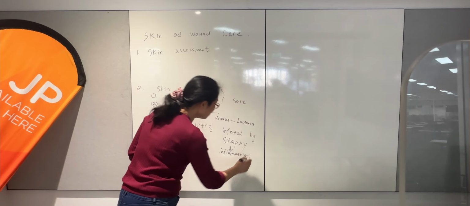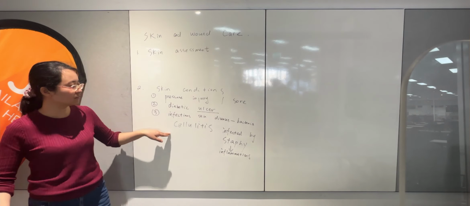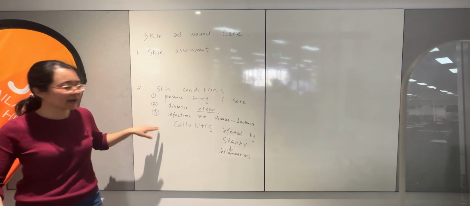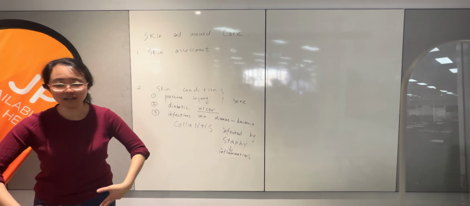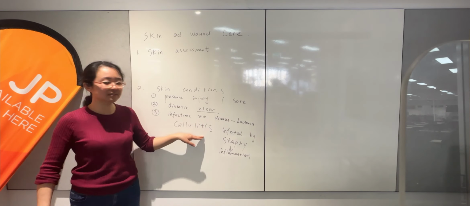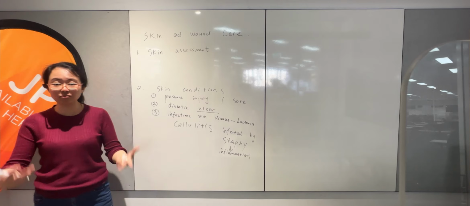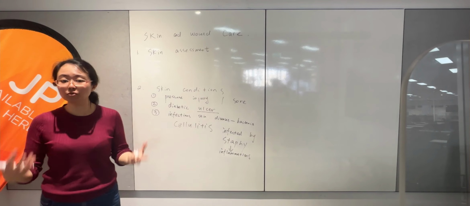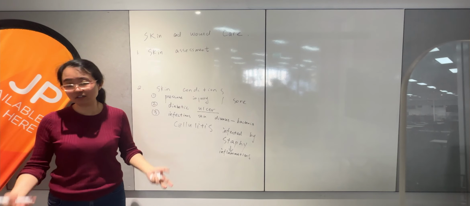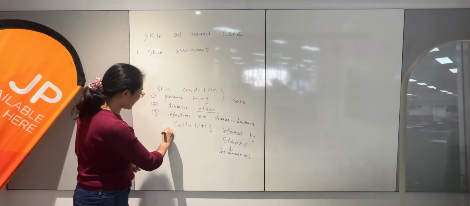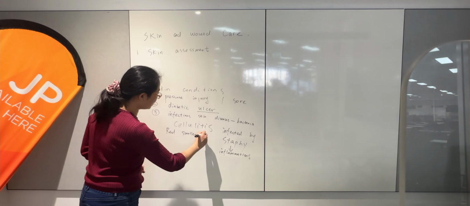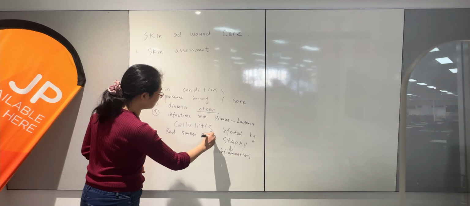So once a patient has cellulitis, what is it going to look like? Cellulitis normally happens to the lower legs. Once a patient has this skin condition, the legs are going to look very red, swollen, and quite painful as well.